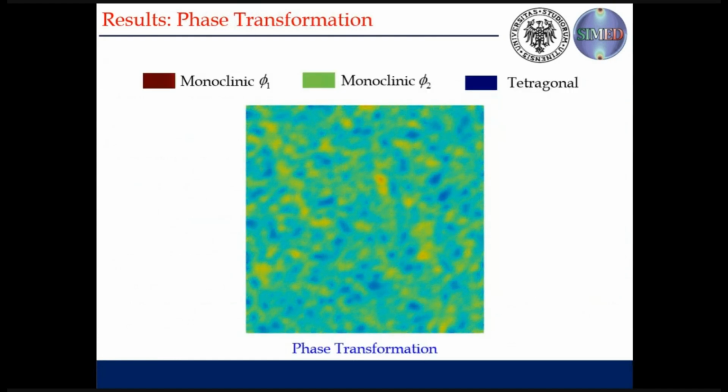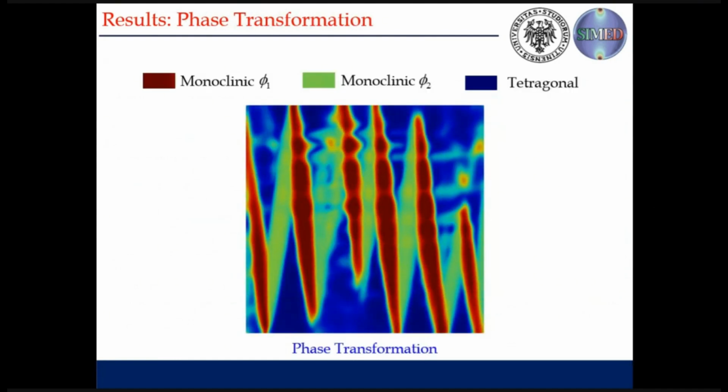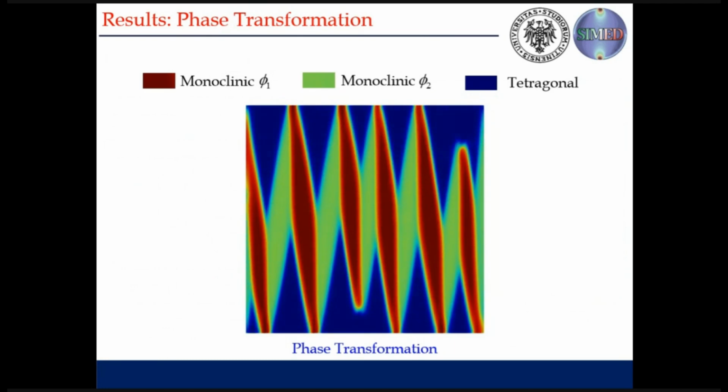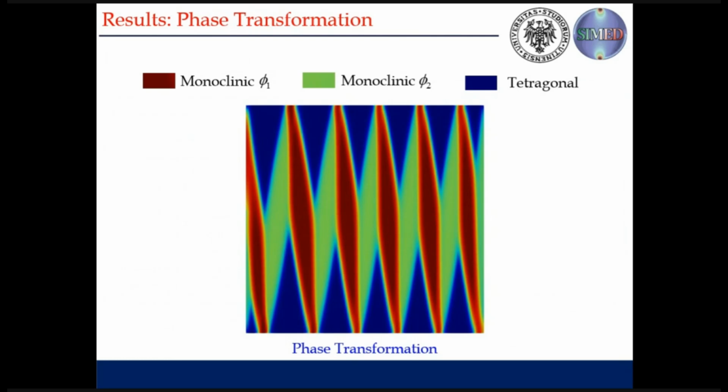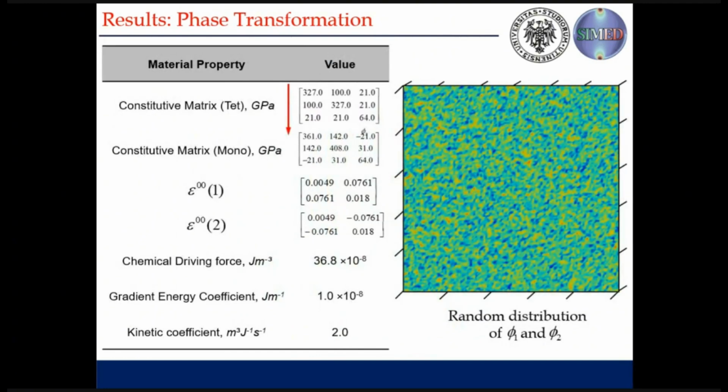So if you see here, we start with the tetragonal with the random distribution. The domain is clamped from all the boundaries, and with time, we can see both the invariants of the monoclinic, and we can get this phase transformation. These 2 are the eigenstrains used in the phase transformation.